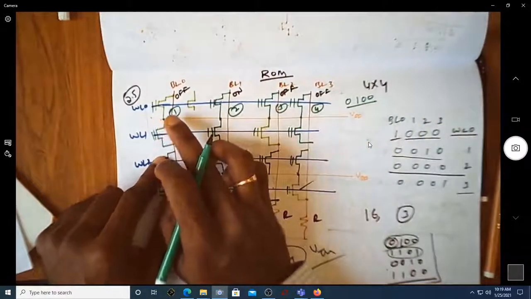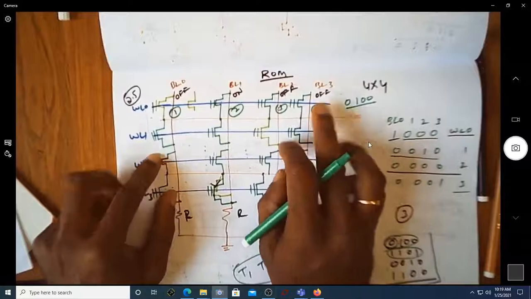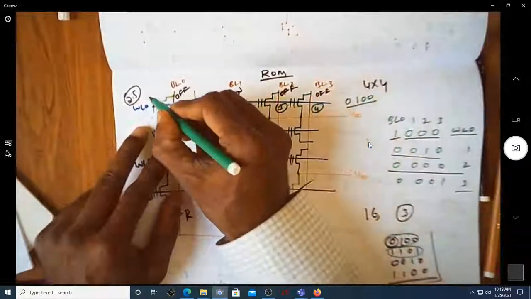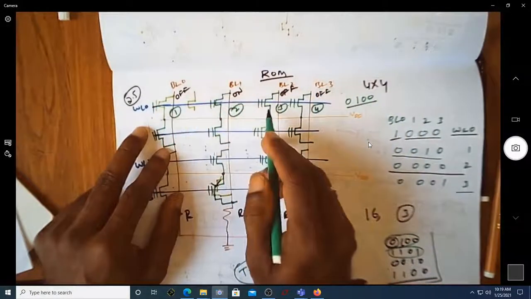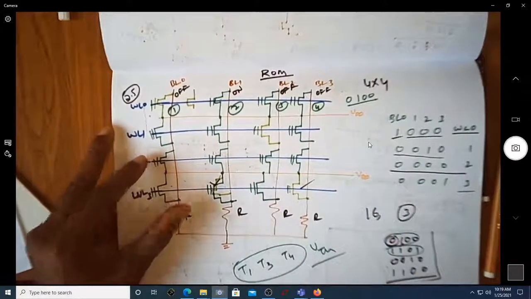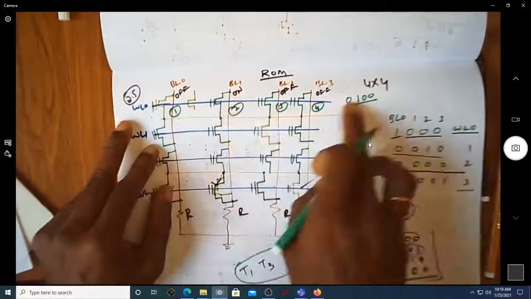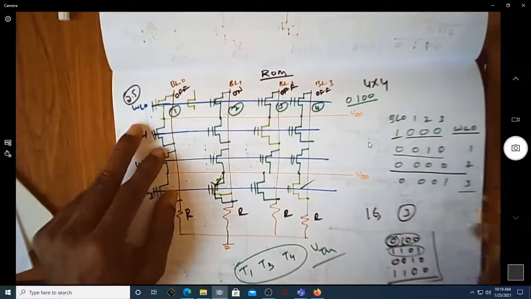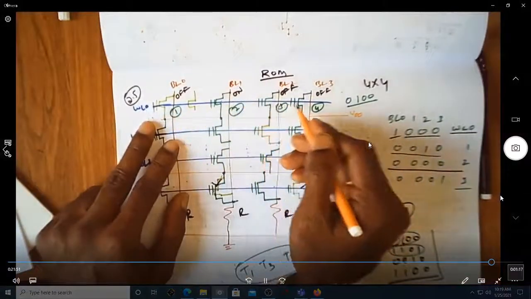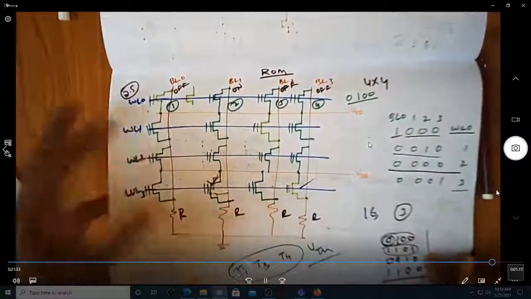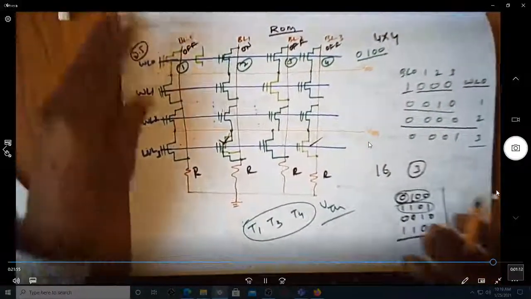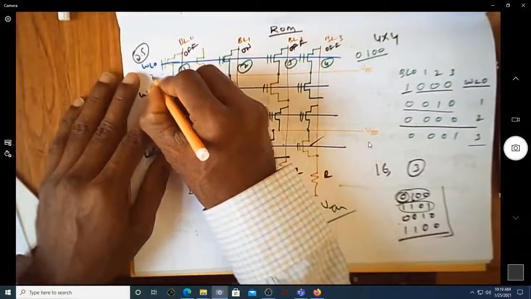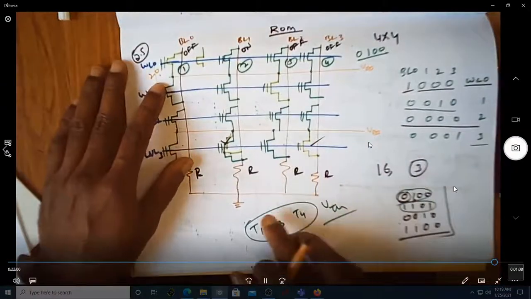So how do you make transistors 1, 3, 4 turn off? You have to increase the threshold voltage of transistors 1, 3 and 4. Before I actually read this, we first need to enhance the threshold voltage of these. How do I enhance? Make this 20 volt, because that is your gate structure.